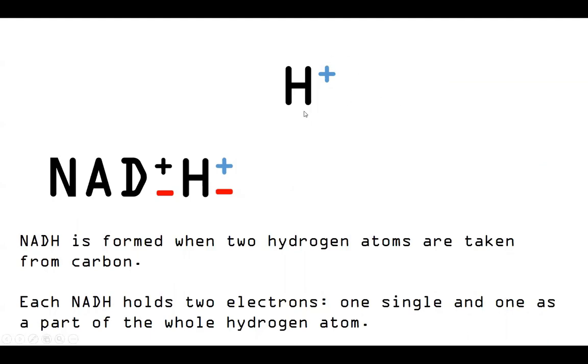So yeah, there's a proton left behind. We don't really have to think about that right now. Protons can do a lot of different things, but for now, don't worry about it. All we care about is that we're holding 2 electrons, and it might be worth noting that you've kind of got a potential proton here for the future. Okay, so now we know what NADH is actually holding.